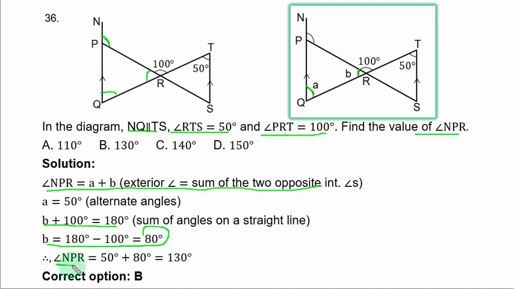Therefore angle NPQ is equal to A, which is 50 degrees, plus B, 80 degrees. When you add, you have 130 degrees. B is the correct option.